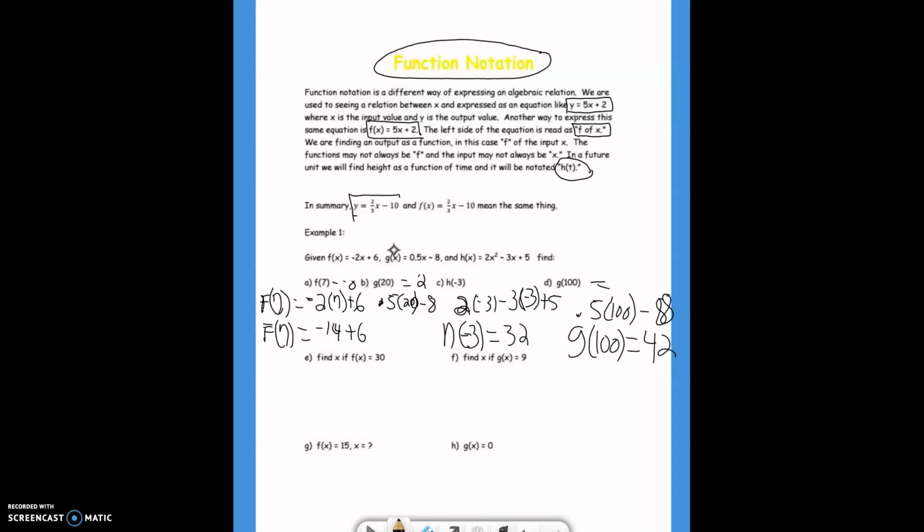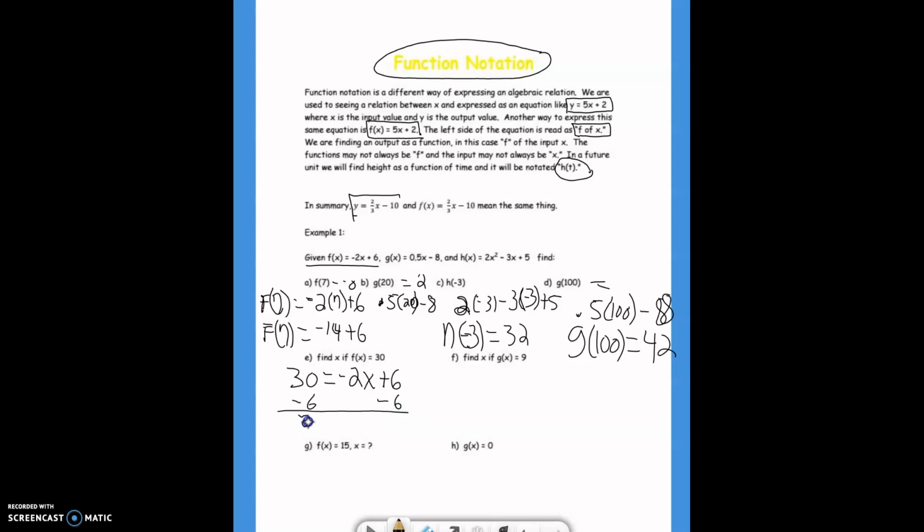So what we're doing in here is we're going to plug 30 in for f of x. So that's going to be 30 equals negative 2x plus 6. So then we're just solving that algebra problem, right? So we're going to what? Minus 6 from the problem. Okay.